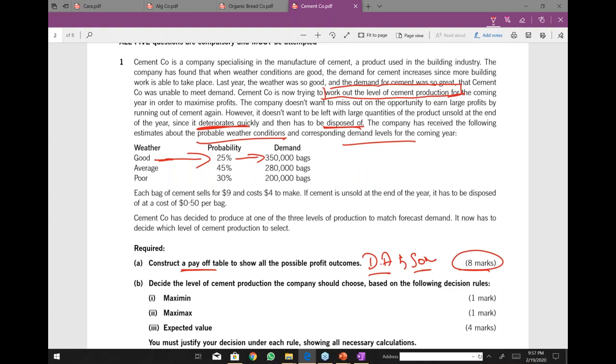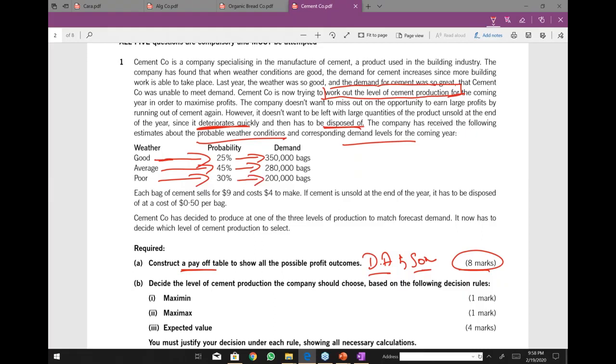If the weather will be average, the probability of that is 45%, and the demand in that case will be 2,80,000 bags. If the weather is poor, the probability of that seems to be 30%, and the demand will be 200,000 bags.